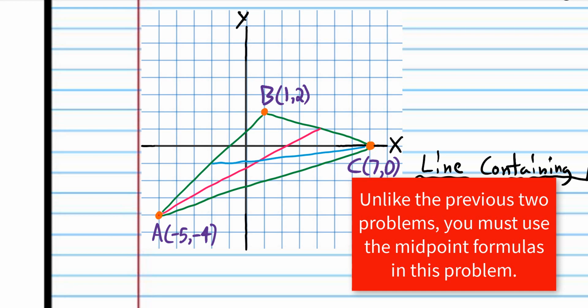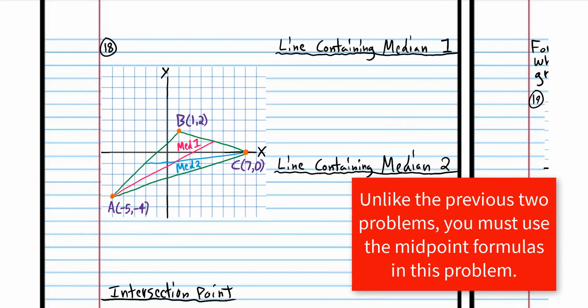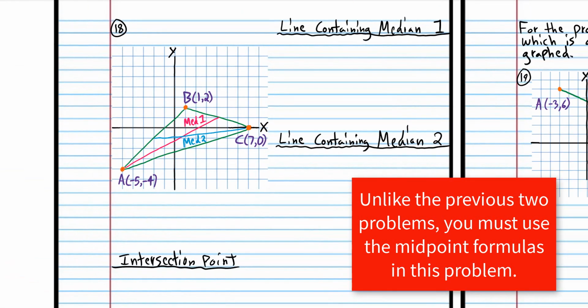By the way, it would probably be easier to use this median because it ends up being a vertical line, but we're just going to stay away from the vertical lines just to keep things consistent. So as usual, we're going to call the red median median 1 and the blue median median 2. So go ahead and try number 18, and when you come back, we'll do it together.